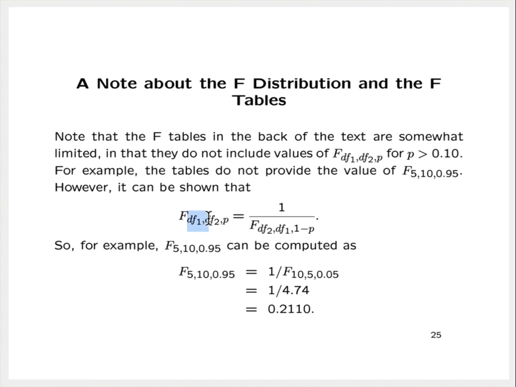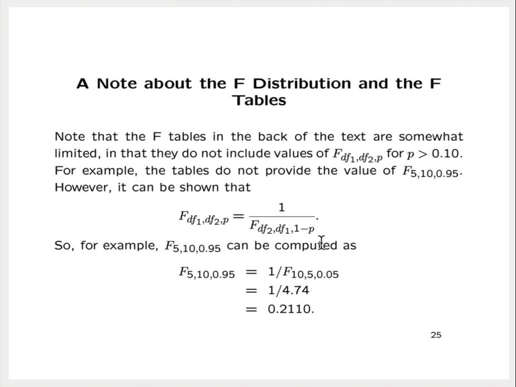One thing I want to point out is that in this relationship, notice that we have to switch the order of the degrees of freedom. The numerator degrees of freedom on the left-hand side become the denominator degrees of freedom on the right-hand side, and the denominator degrees of freedom on the left-hand side become the numerator degrees of freedom on the right-hand side.